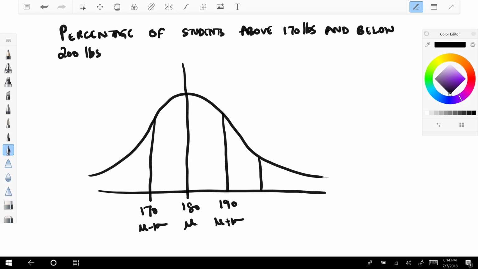This would be 200. So this is mu plus 2 sigma. So we are interested in this whole area. How much is this area, or what percentage of the students lie in this area?